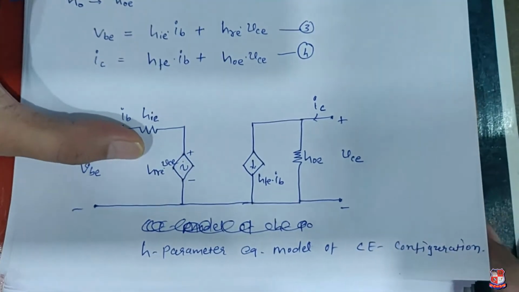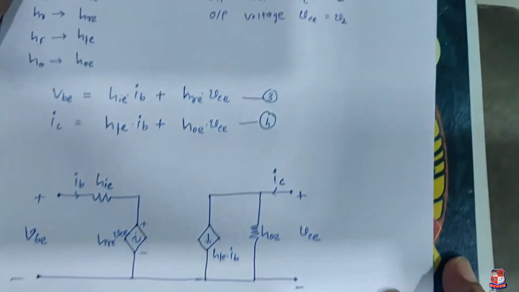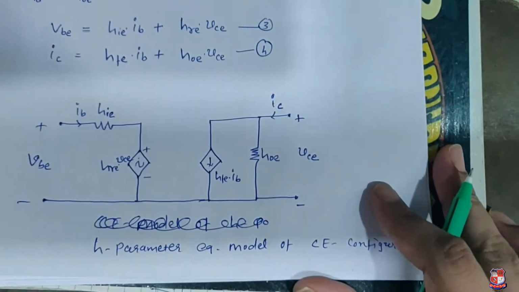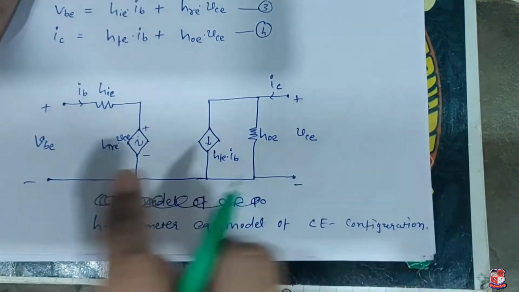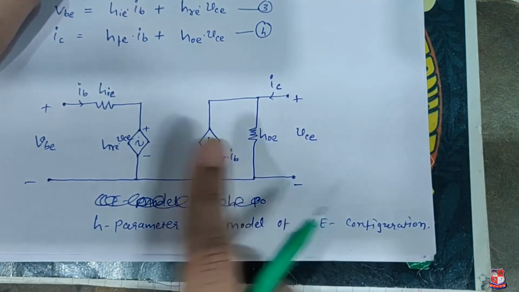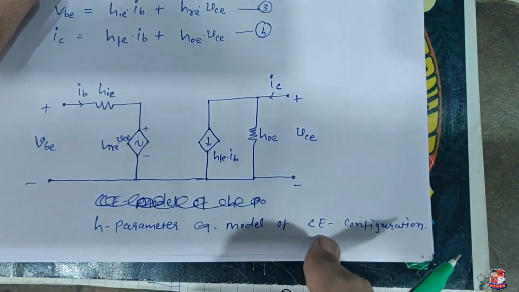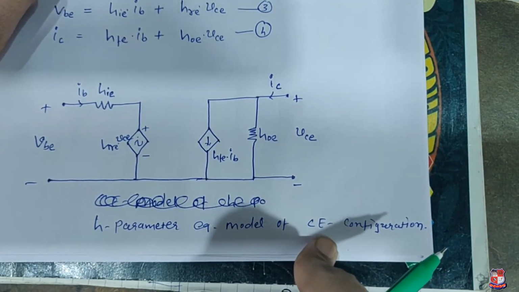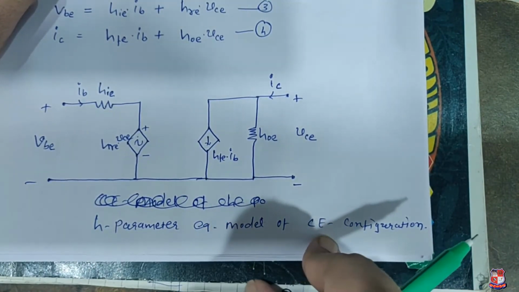Okay, so that's it. So it is very easy to represent a H parameter equivalent model of common emitter configured transistor. Okay, I hope you understand.